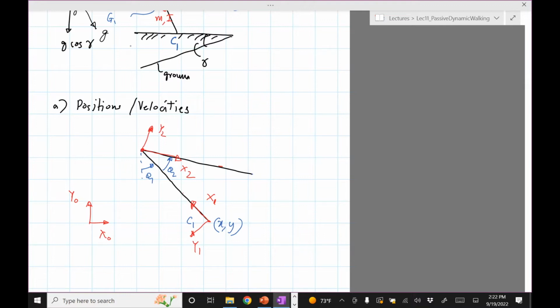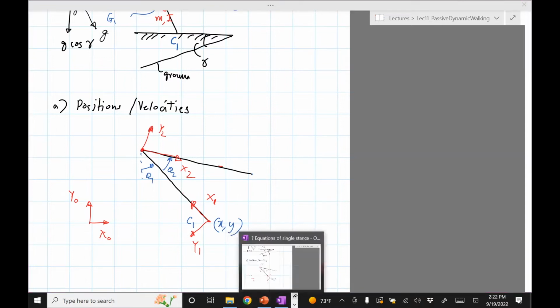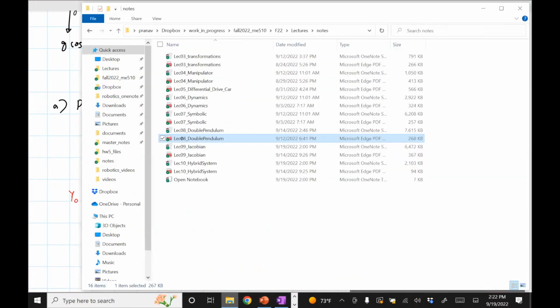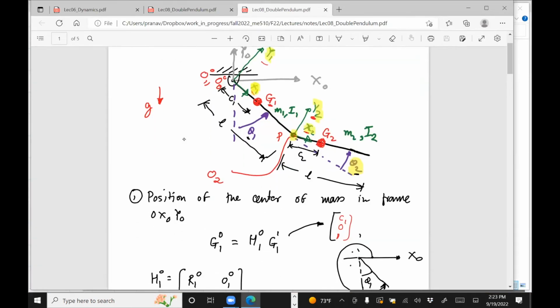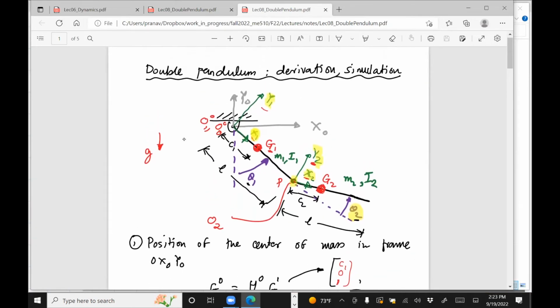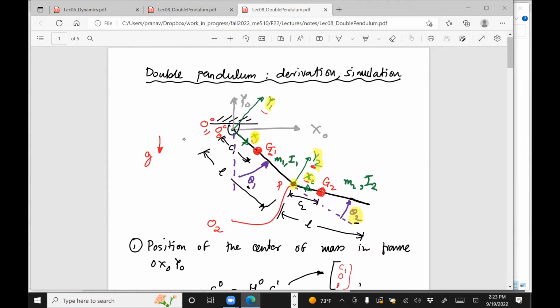So let's do that. Before I do that, if you recollect from here, we wrote theta1 as the angle between x1 and y0.